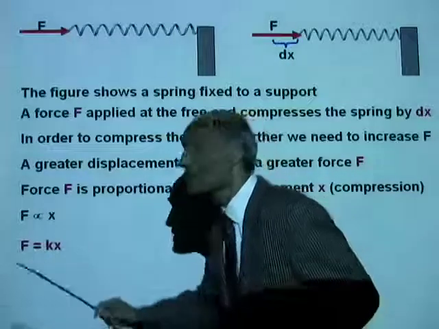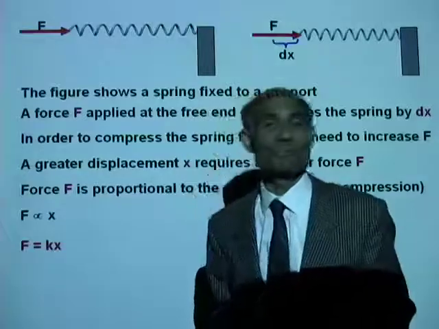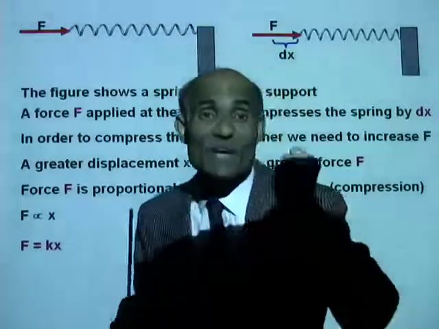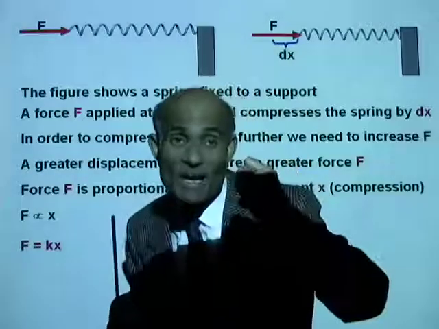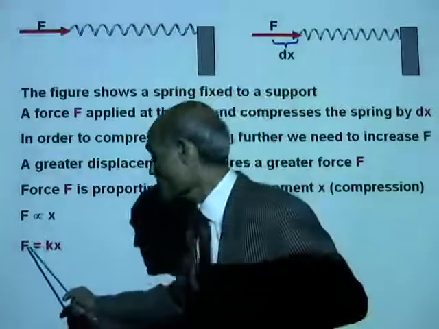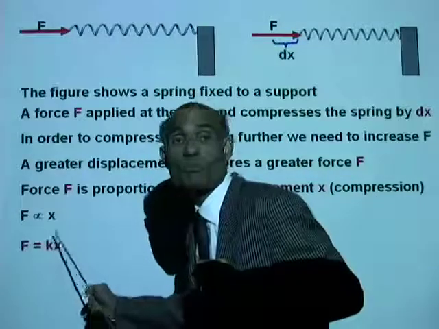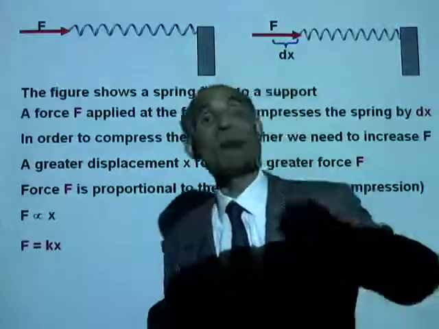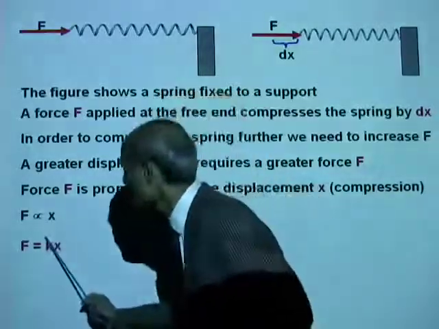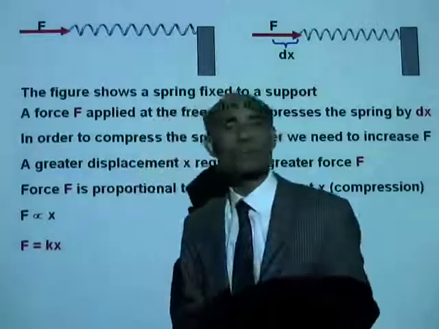Now, this is called Hooke's law, where a spring, when applied either a compressing force or a stretching force, the amount of force is proportional to the amount of stretch, or F equal to kx. This constant is called the spring constant.